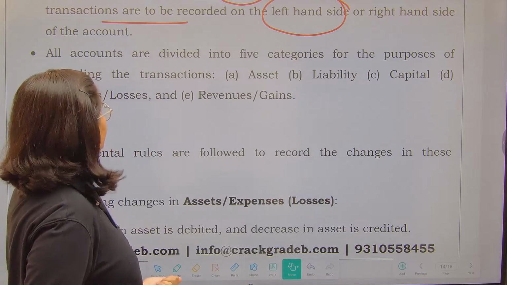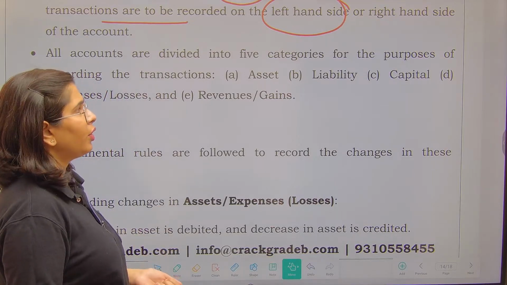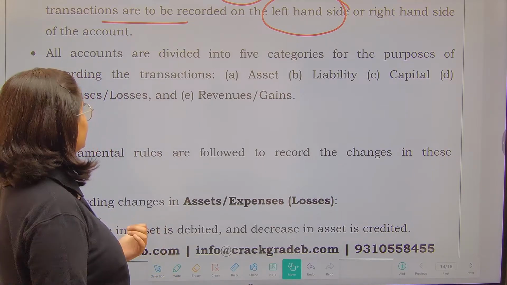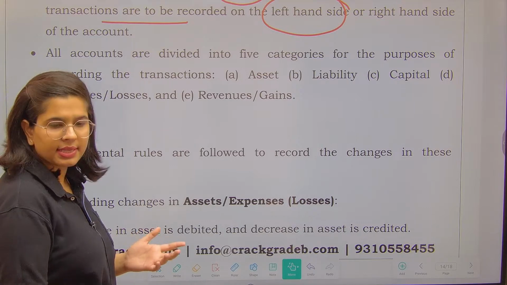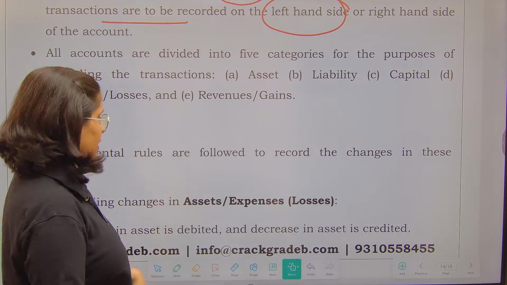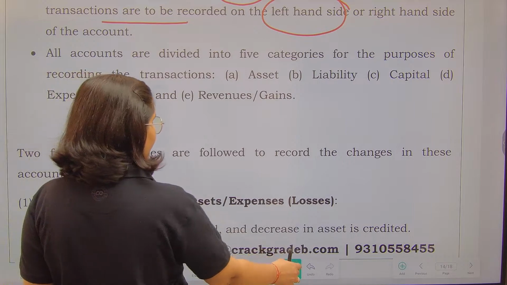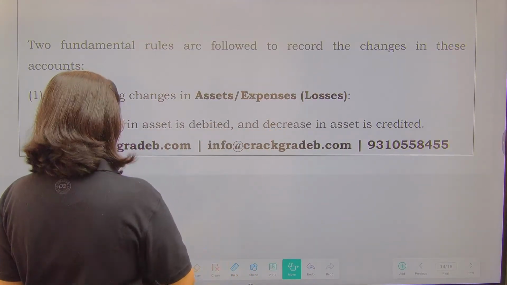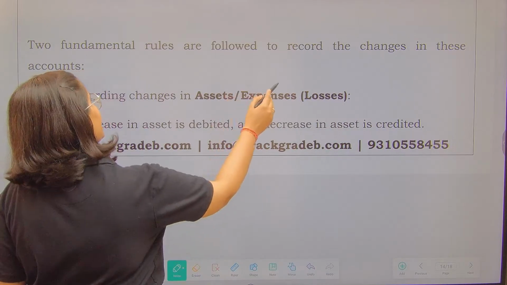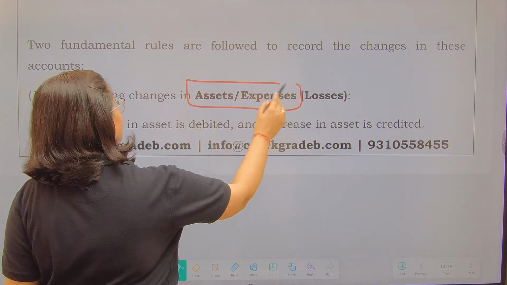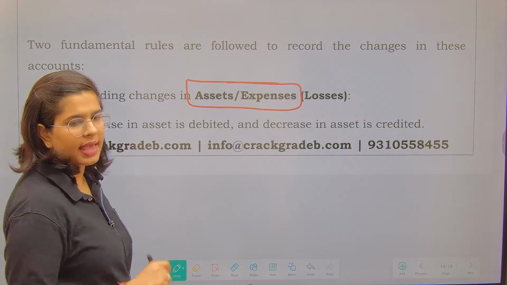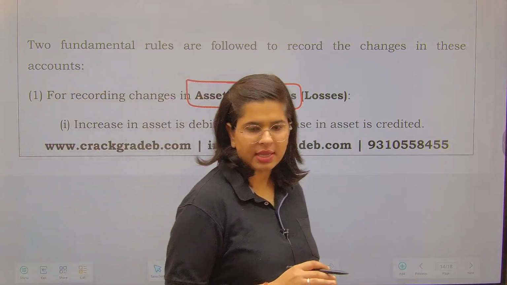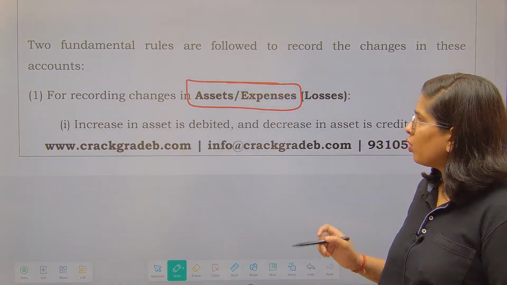Next thing, all accounts are divided into 5 categories: asset, liability, capital, revenues, gains, etc. We have already studied it. Now there are two fundamental rules which are followed. These rules we have already read. For recording changes in assets and expenses or losses, what rule are you going to follow?